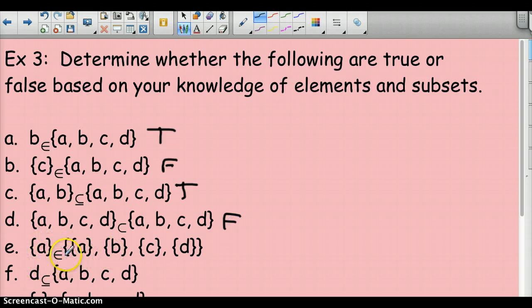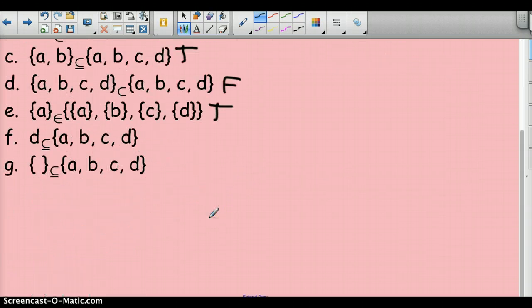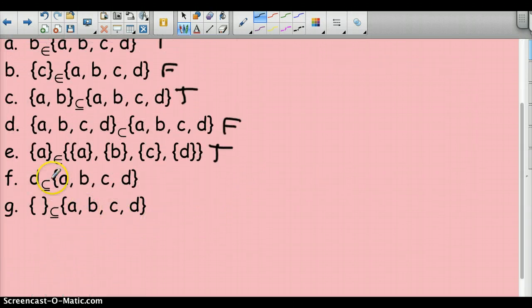Moving on to the next one. Is A with braces around it an element of this set right here? We see A with braces around it within the actual set, therefore it is an element. That's true. Very, very tricky going on to the next one. As we look at F, you may think, well, hold on now. D is definitely in that set, therefore it's got to be a subset of it.